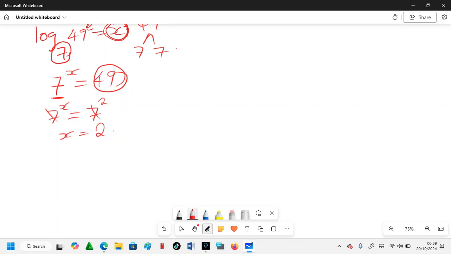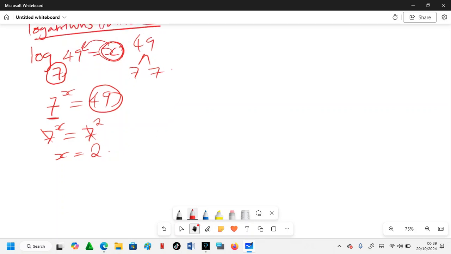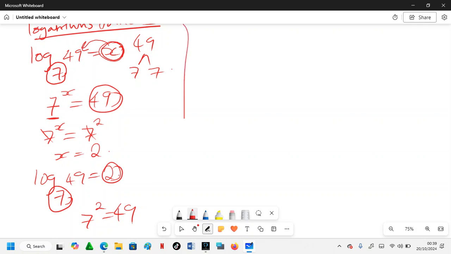In other words, the log to base 7 of 49 is 2. We found x. So in index form, we say 7 to the power of 2 is equal to 49.